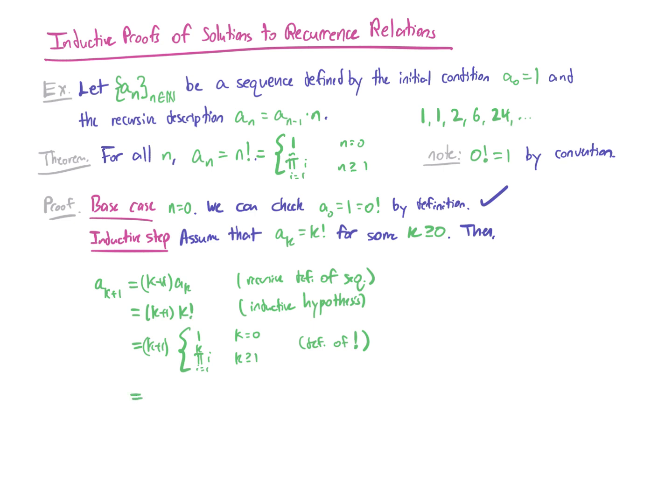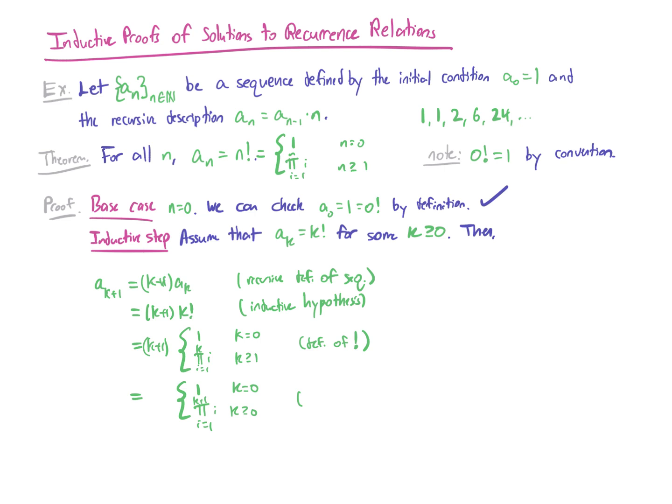Then I'm just going to pass in my k plus 1 into here. Okay, so I have two cases. In the case k equals 0, k plus 1 is equal to 1, and so I'm looking at 1 times 1. So here we are, 1 if k is 0 again. And then down here, i equals 1 up to k plus 1 of i in the case of k greater than or equal to 1.